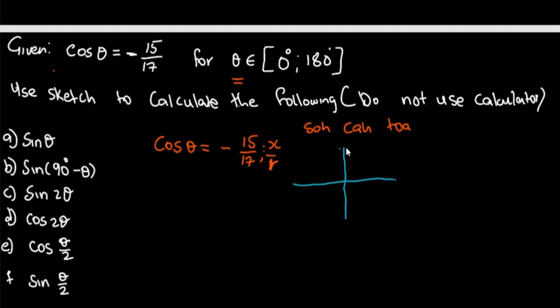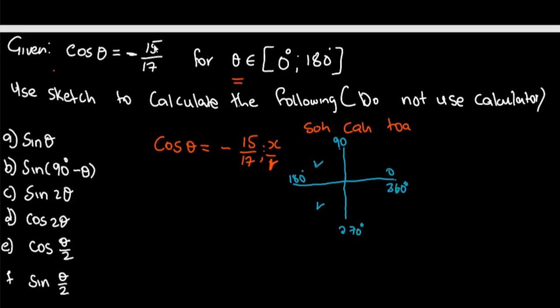Remember, this is your 0, this is your 360, then we have this as 90, we have 180 there, and 270. So where is cos negative? What I need you to understand is that we're going to take the quadrants where cos is negative, that quadrant, and that quadrant.